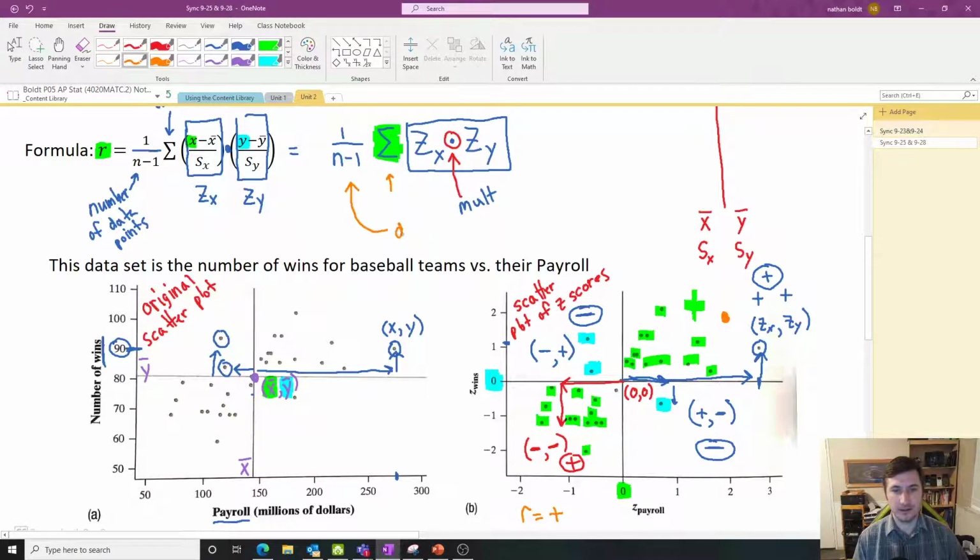It kind of turns it into an average almost, but not quite really. That way, if you have more points, that doesn't mean your correlation just gets bigger. Okay, so that's kind of how that calculation goes and sort of the background to it.